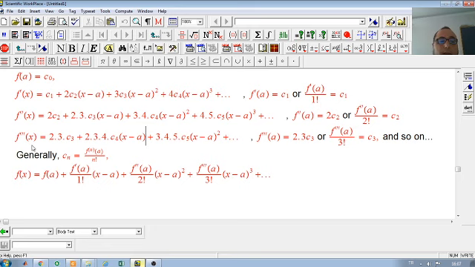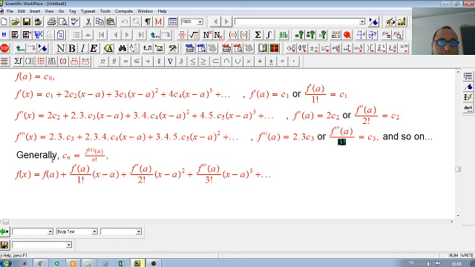And if you write a for x, you will obtain the third derivative of f at a is equal to the constant, and this can be rewritten as the third derivative over the numbers in front of c3. We have a multiplication of the numbers 1, 2 and 3, and it can be written as 3 factorial, and so on. By taking more derivatives, you will find that the fourth derivative at a over 4 factorial will be equal to c4, and so on.